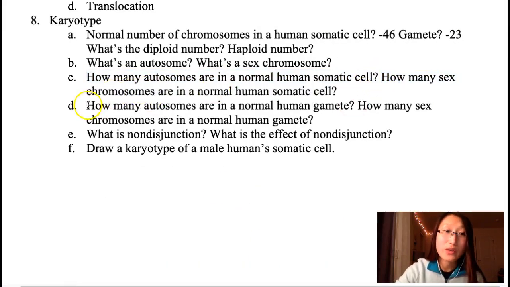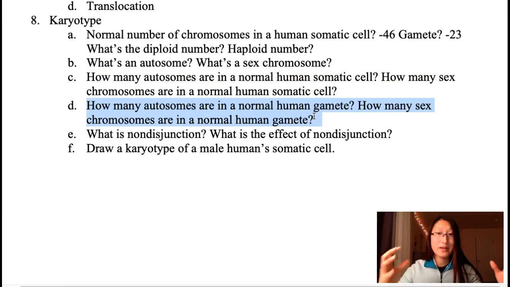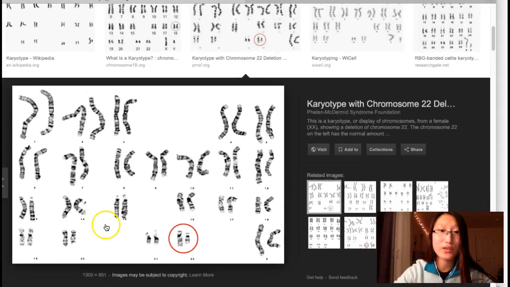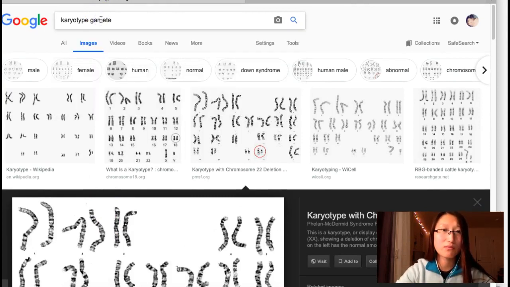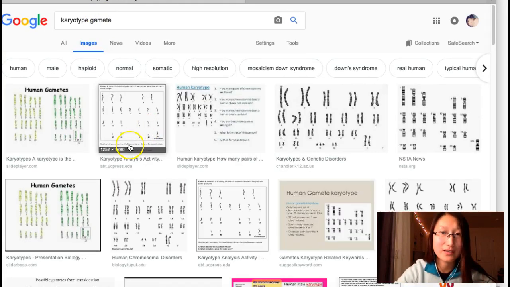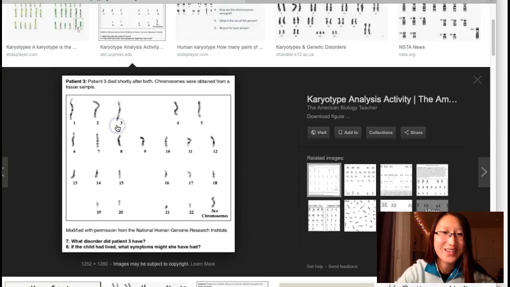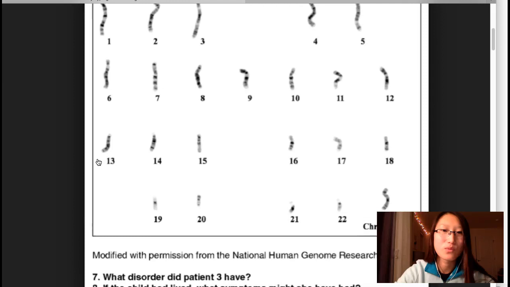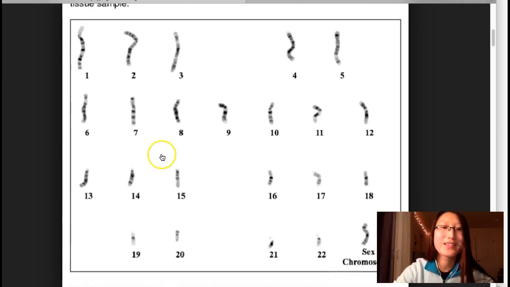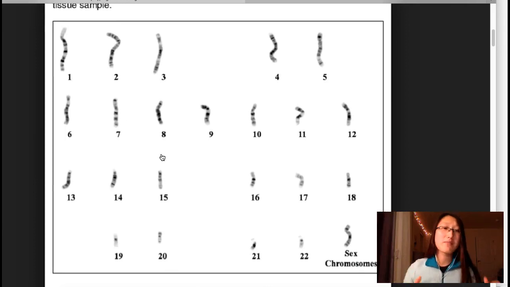Now we can also talk about a gamete. If you were to look at a karyotype of a gamete, even if I don't show it to you, you should know how it looks because you watched the last video. Here's a gamete. You know it's a gamete because there aren't pairs of homologous chromosomes, and if you count the chromosomes, there are only 23.